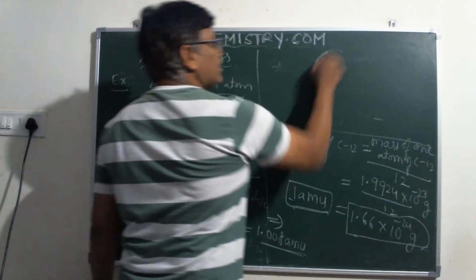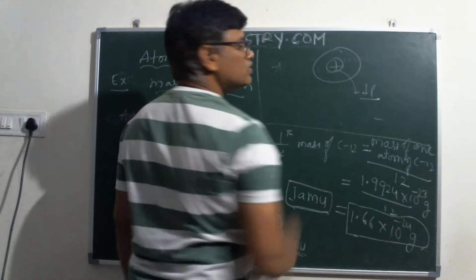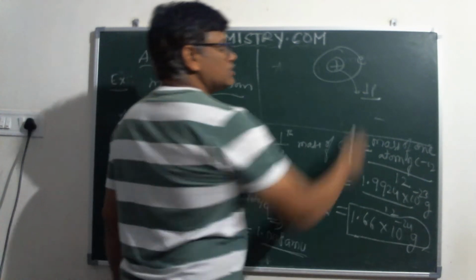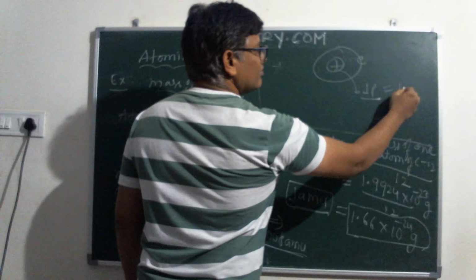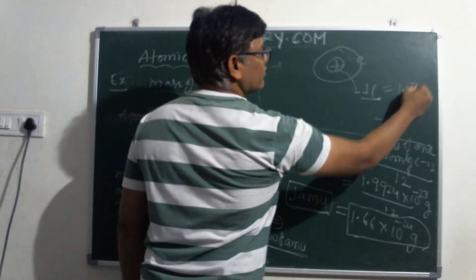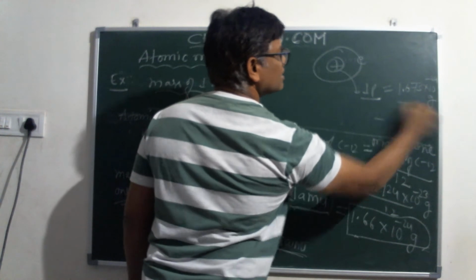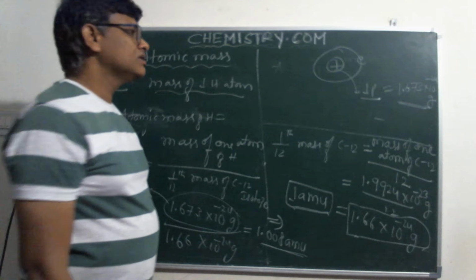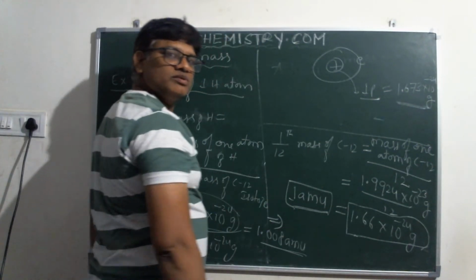In the hydrogen atom, one proton is present in the nucleus, there is no neutron, and an electron revolves around the nucleus. The mass of one proton in grams is 1.673 into 10 power minus 24 grams, calculated experimentally. This is equal to 1/12 mass of carbon 12 isotope.